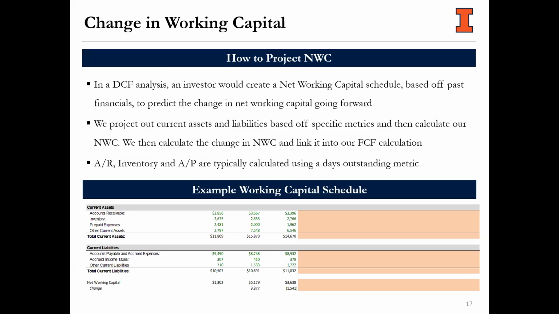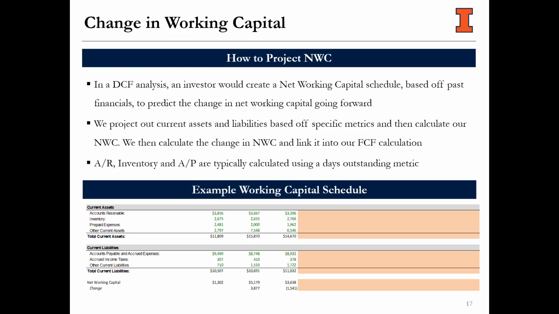Last thing to note here is you want to make sure you're subtracting the change. For example, whenever you're looking at your free cash flow calculation, you wouldn't subtract in the first year the 1,302 because this is not the change. You would want to subtract out in the second year the 3,877 because this is the change in net working capital.